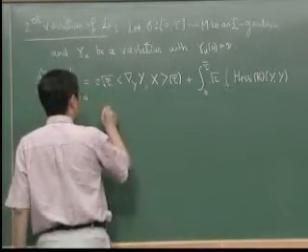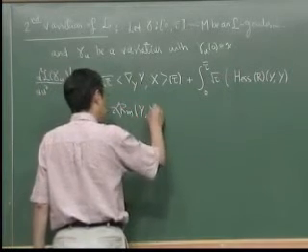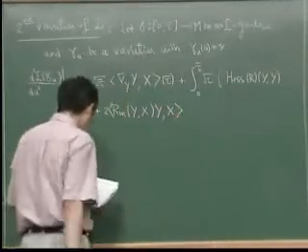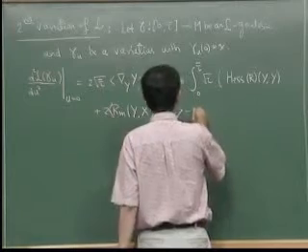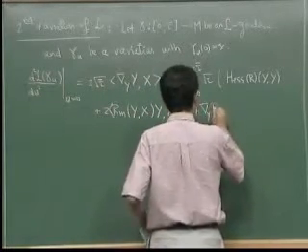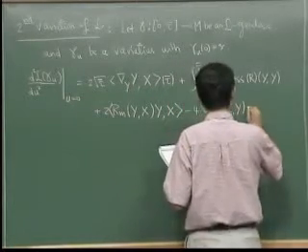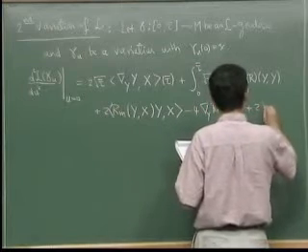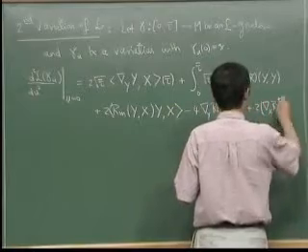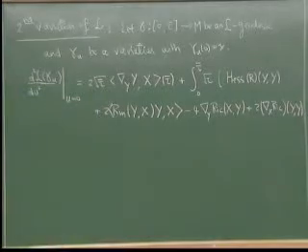So plus twice of, and minus 4 times Ricci of X, Y. Today is a bit so many formulas.